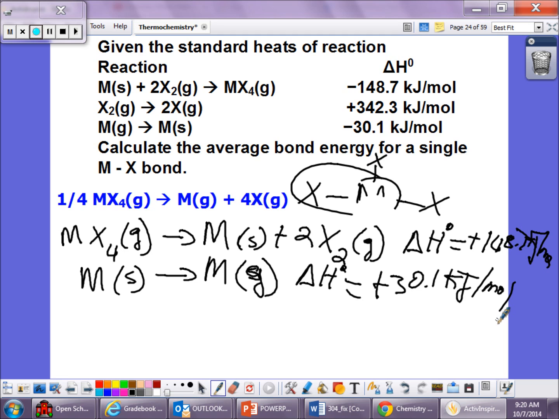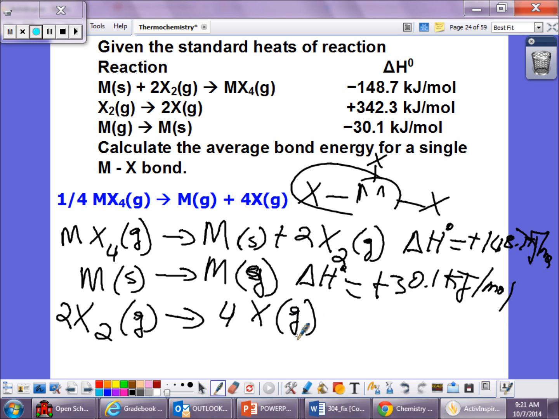Let's see what else I should do. Where's my target? I need 4X on the product side, and I see 2X on the product side here. I will multiply the second equation by 2. So it is X2 gas yield 2X, and I said multiply by 2, so 2X2 yield 4X gas.